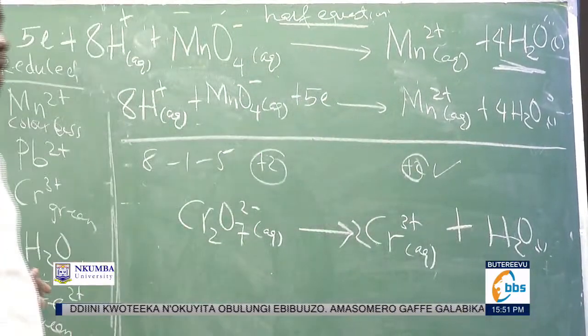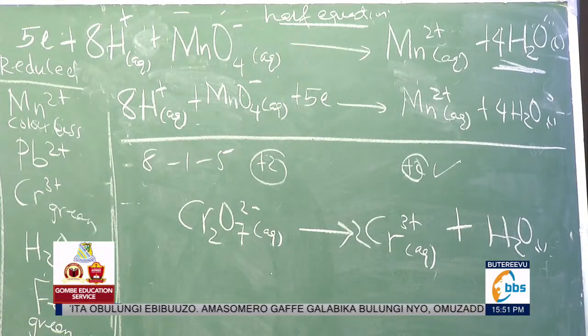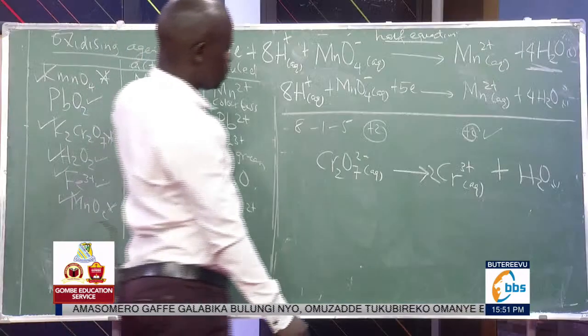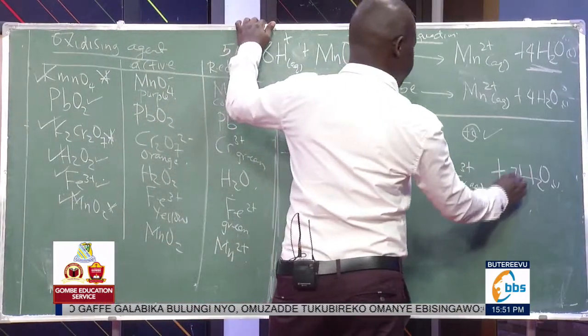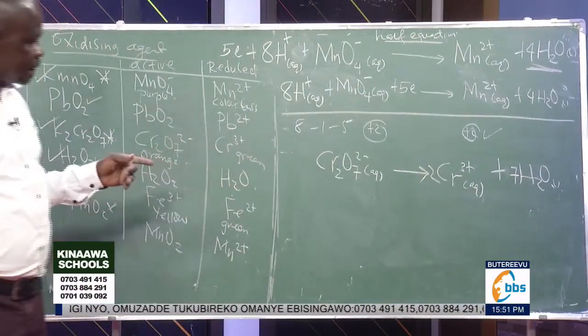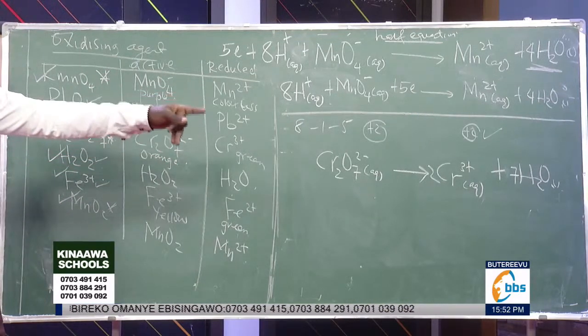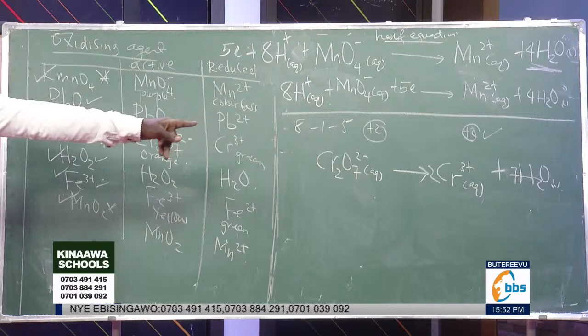But after that, you ask yourself, water has 1 atom of oxygen. These ones are how many? 7. So you say plus 7 molecules of water. Good. You can now give it a distance: chromium 2, oxygen 7, 7. Hydrogens have now become excess.